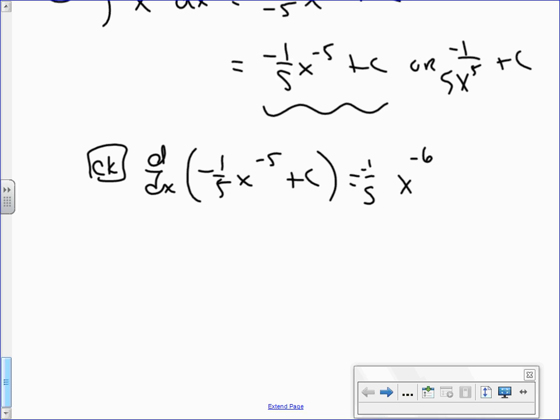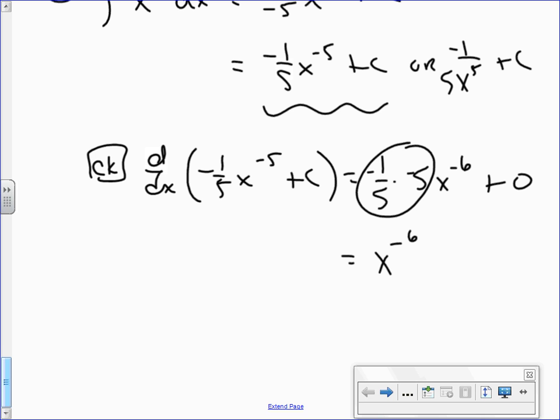I did that kind of backwards. Let me do that again. I'm going to put the negative 1/5, leave a little space, and I'm going to put negative 5 x to the negative 6. The derivative of a constant is 0. These two cancel out again, and you get x to the negative 6.